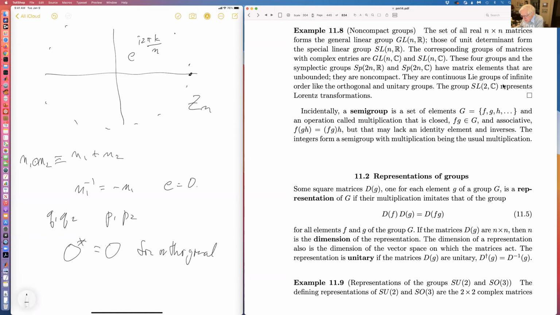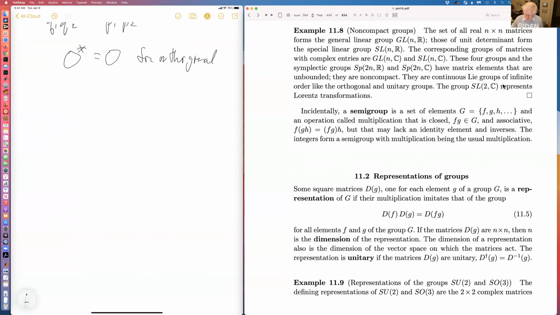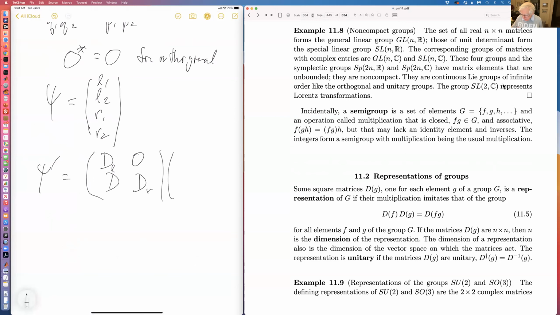And those two different ways are why Dirac spinors are four-dimensional, because when you have a Dirac spinor, you have a left-handed spinor of two components and a right-handed spinor of two components. And under a Lorentz transformation, psi prime is given by D left and D right acting on psi left, psi right.